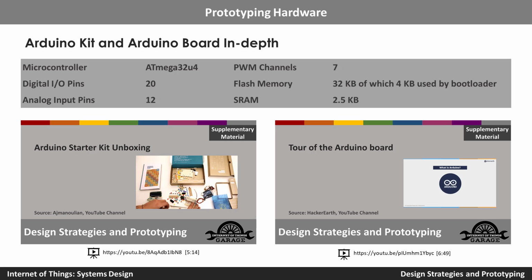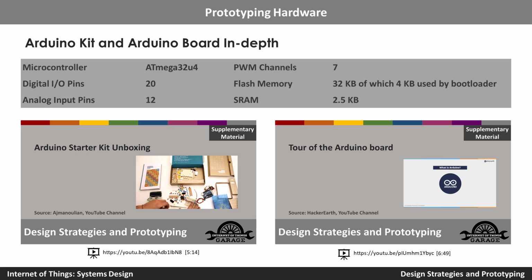In a typical Arduino kit, you will see a microcontroller. This is the microcontroller you get, ATmega32. It has 20 digital pins and 12 analog input pins. And then you have 2.5 kilobytes of SRAM, 32 kilobytes of flash memory, which includes 4 kilobytes of bootloader, which is used to start the microcontroller.